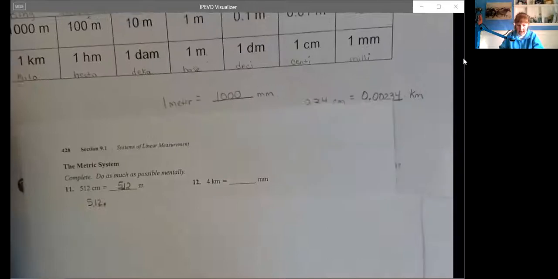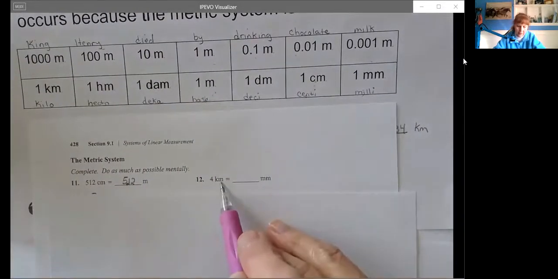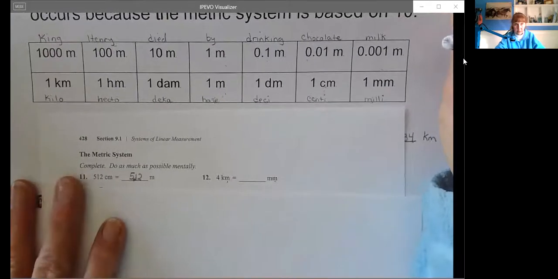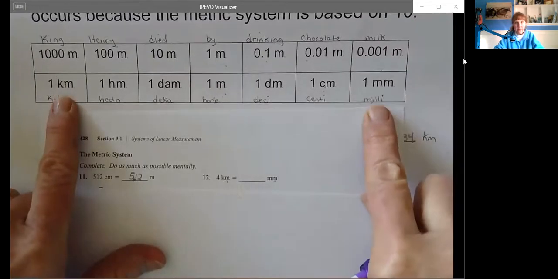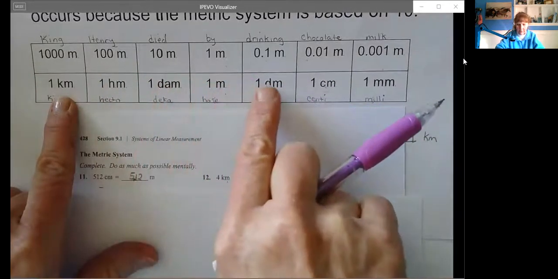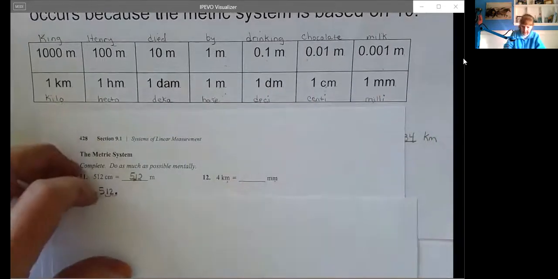All right, let's look at kilometers to millimeters. A kilometer is quite large and a millimeter is really small, so you expect this to be quite a large number. You're going to need a lot of these to make up 4 kilometers. We're going to be moving it to the right 1, 2, 3, 4, 5, 6 times from where it's at.